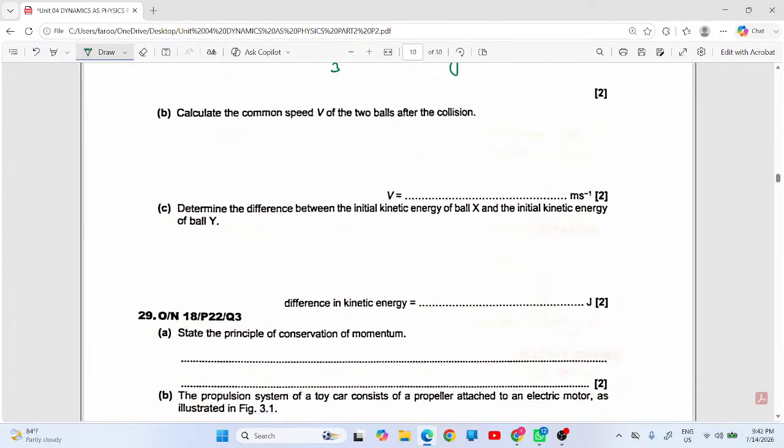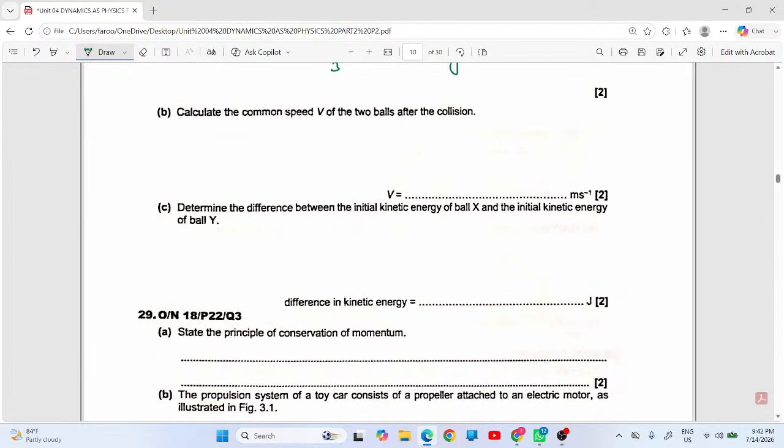Next, calculate the common velocity, meaning the combined velocity, the speed v of the two balls after the collision.